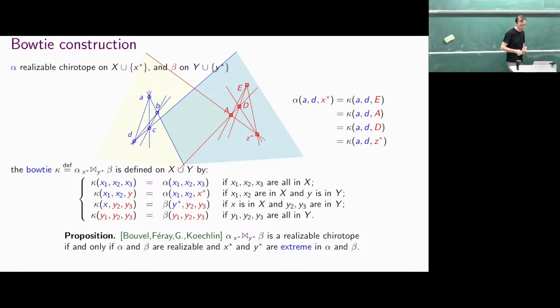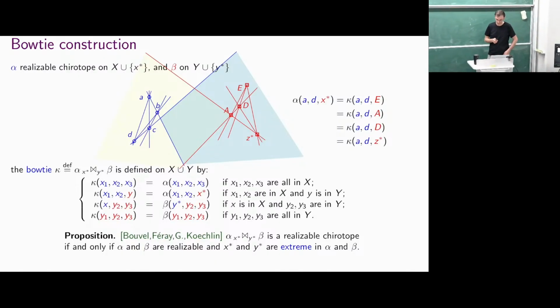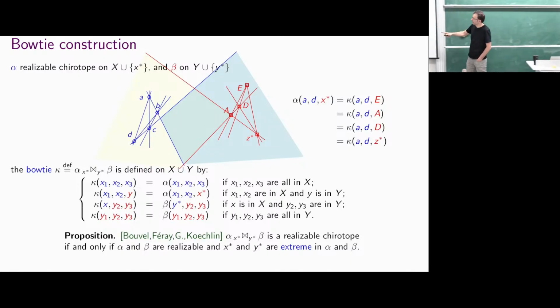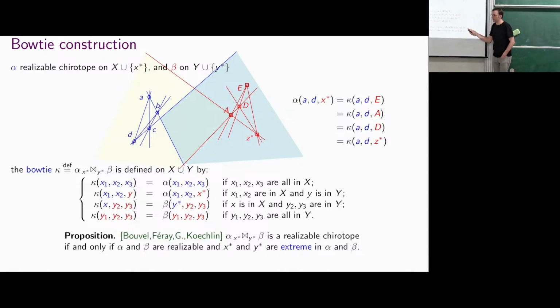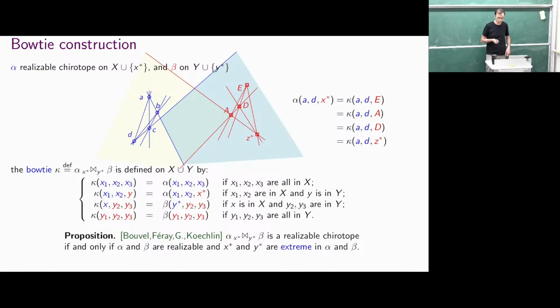That's the only geometry you need to use there. And this condition is very nice, because that means we can start from basic, very simple, concrete examples of point sets, of chirotopes that we know are realizable, and then we have a simple operation to generate more. And we are sure, because of this criterion, that we are always remaining within the space of realizable chirotopes.